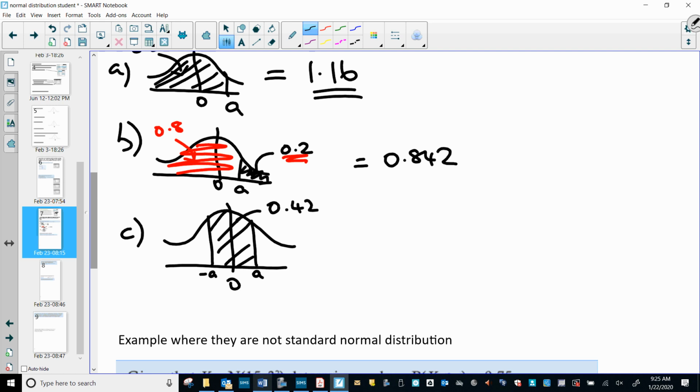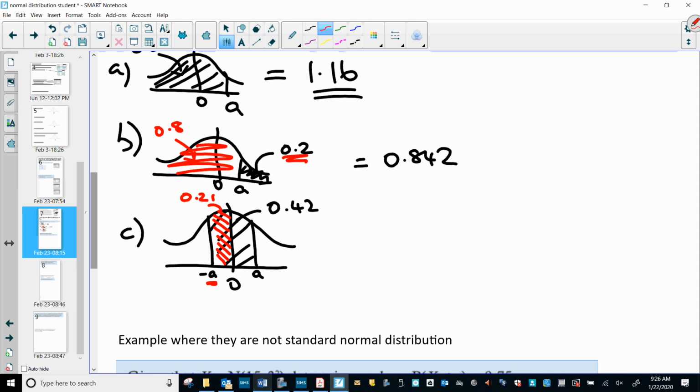Now remember, when we're trying to find a value, we need to enter the area to the left-hand side of a value. So you've got a choice here. I would probably just focus on finding negative A. We know that this bit here would be how much? 0.21, yeah?